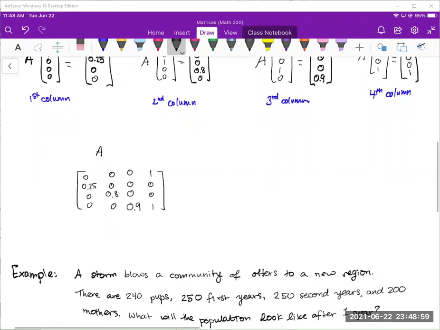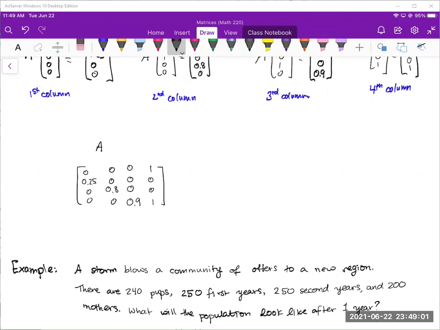Let's take a look at an example of using this. So suppose that a storm blows a community of otters to a new region, and this storm moved 240 pups, 250 first years, 250 second years, and 200 mothers. We want to know what the population looks like after a year. And so here, the vector that we're going to be multiplying has these components of pups, first years, second years, and mothers.